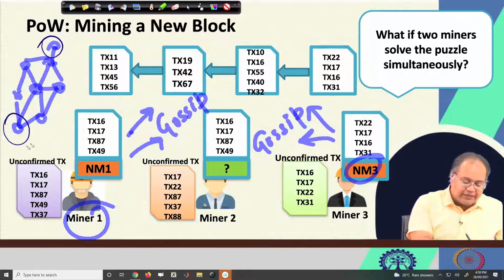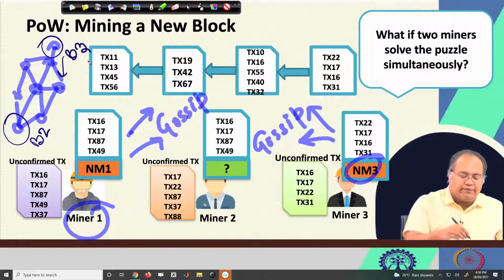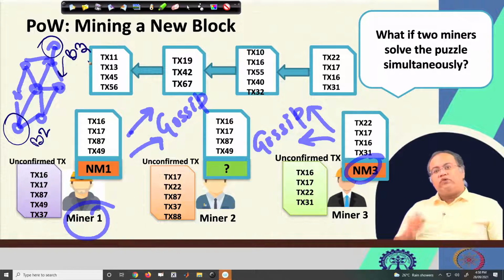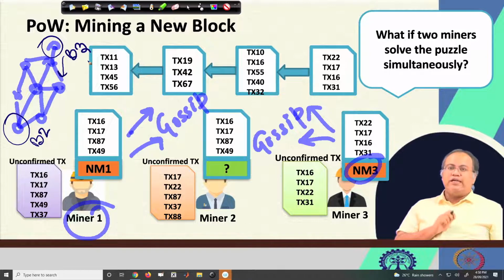By the time this miner has propagated, say, block B2, this other miner has not heard of it, and starts propagating, say, block B3. So, two blocks get propagated simultaneously in the network. Now, the question comes: when two miners are propagating blocks simultaneously, how can we resolve this conflict, and what do I need to ensure in response to this problem?